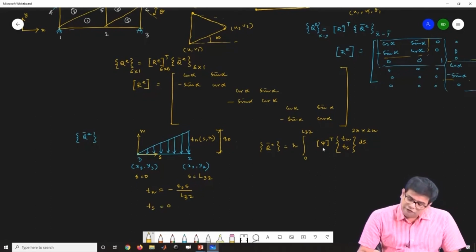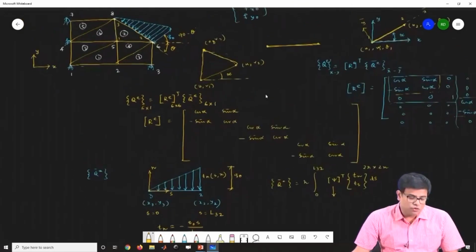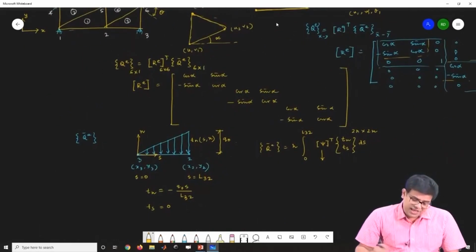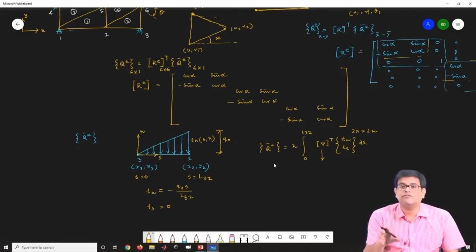Now if you see phi, this phi contains phi 1, phi 2, phi 3, all these things, in terms of x and y. Now you have changed your coordinate system locally, so you have to change x and y locally also. So phi 1, phi 2 and phi 3 are functions of x, y and constants alpha 1, alpha 2, alpha 3 and beta 1, beta 2, beta 3 and gamma 1, gamma 2, gamma 3.